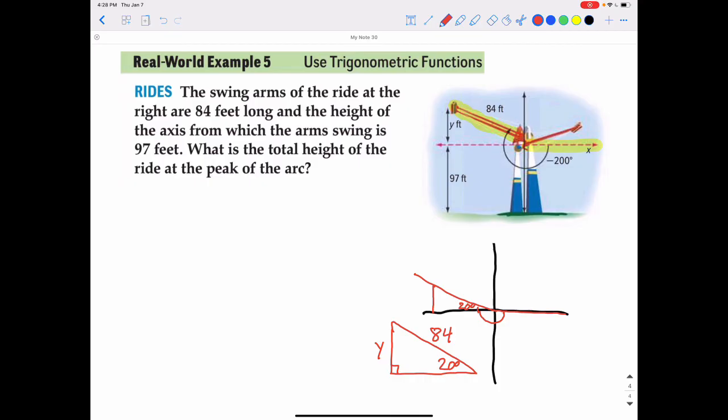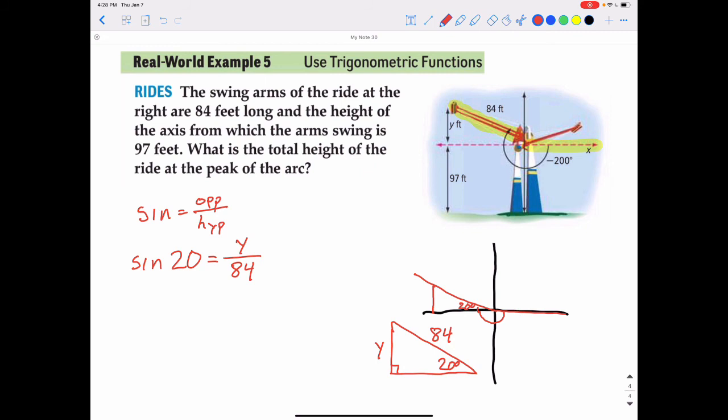Which of our trig functions was opposite and hypotenuse? The most commonly used one that's opposite and hypotenuse is sine. The formula for sine is opposite over hypotenuse. So we're going to take the sine of my reference angle, 20 degrees, sine of 20, and set it equal to the opposite side, which is the y, over the hypotenuse, which is 84.